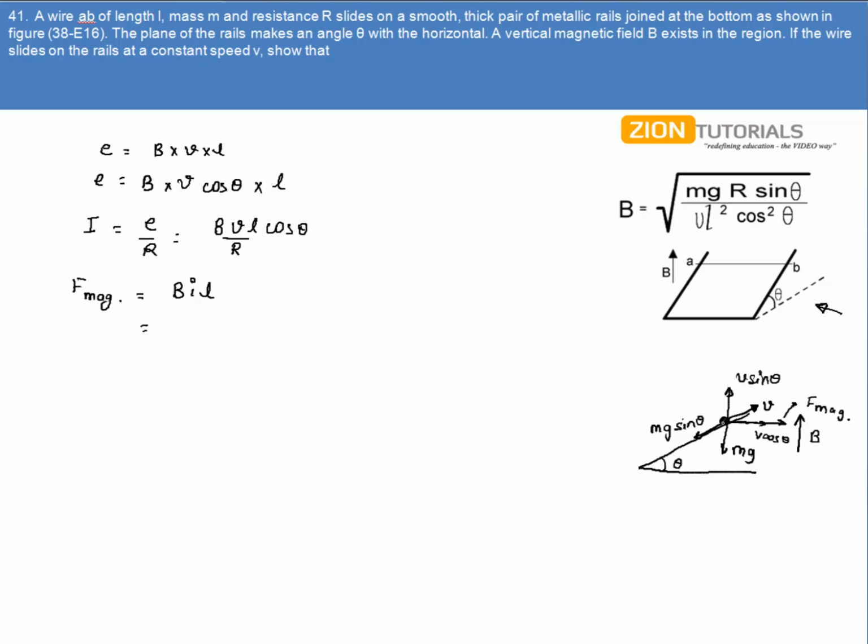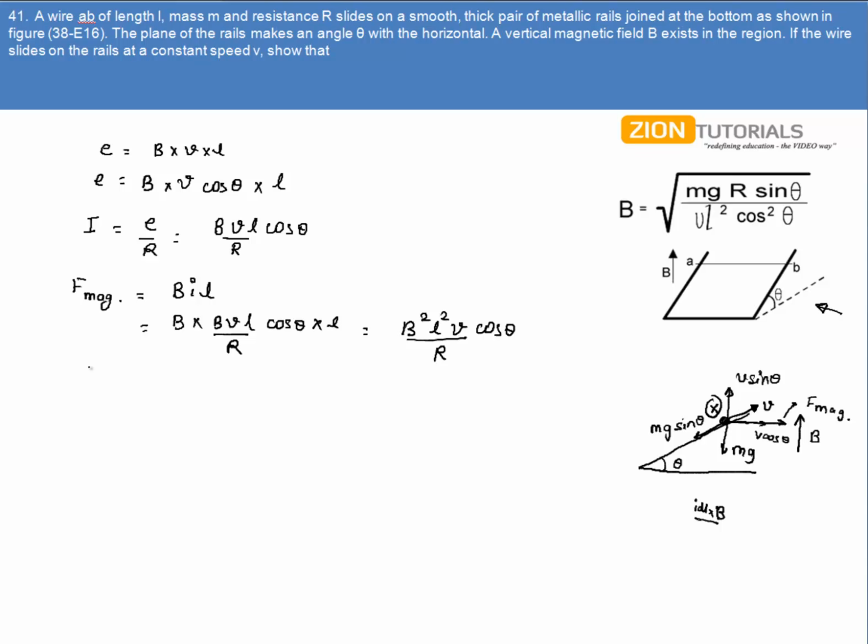The direction can be easily found because the current is flowing inward and the magnetic field is upward, so the force will be I L cross B, which is to the right-hand side. So BIL, substituting the value, we have B, current is B V L cos theta by R, into L, which comes out to be B squared L squared V cos theta divided by R.